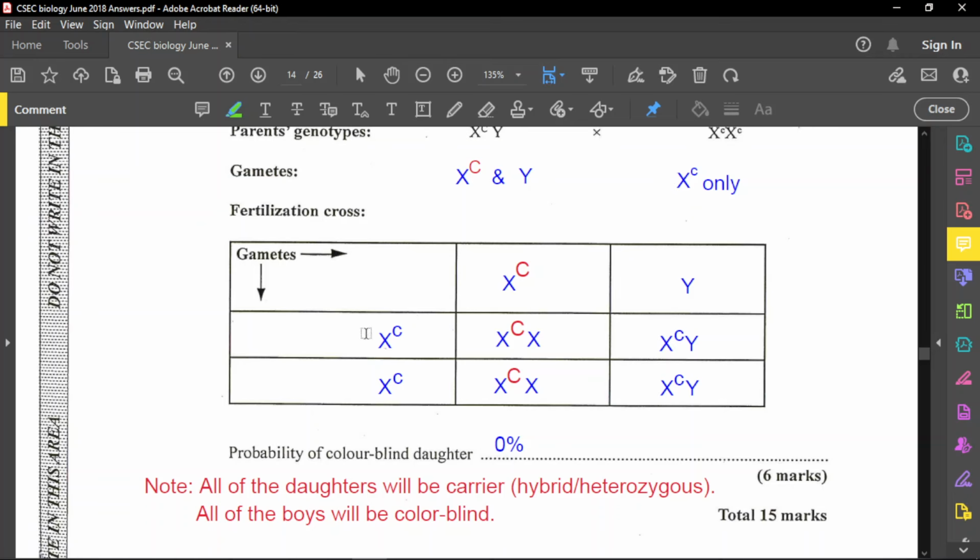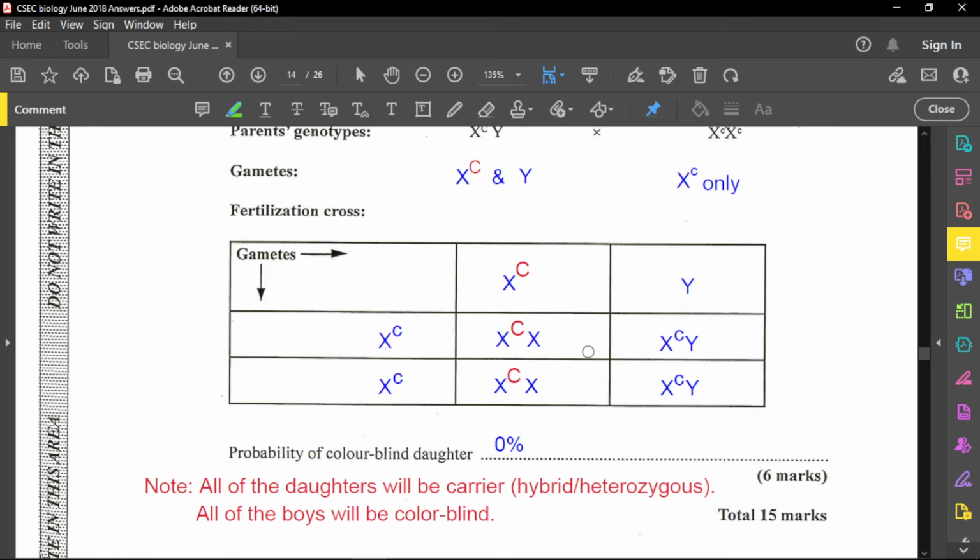I put the gametes for the woman on the side and the male on the top. By carrying out this cross, notice I just put the uppercase in red to distinguish between the lower and the upper, because sometimes it's hard to detect lowercase c and uppercase c unless they're really beside each other. And the ones placed in red are the dominant allele.